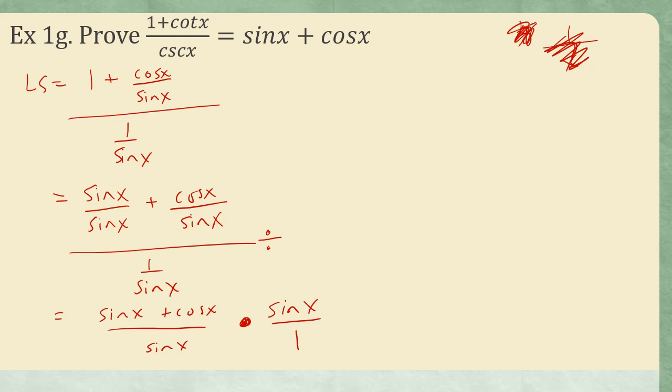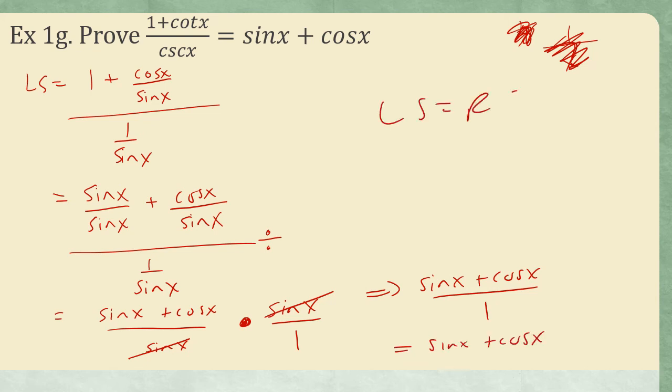Well, that works out really well for us because I have something that's the same on the bottom as the top. They cancel. I'm just left with sin x plus cos x over 1, which is just sin x plus cos x. Left side equals right side, therefore proven.